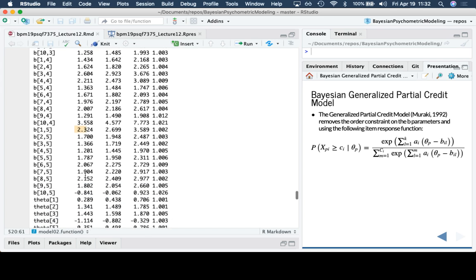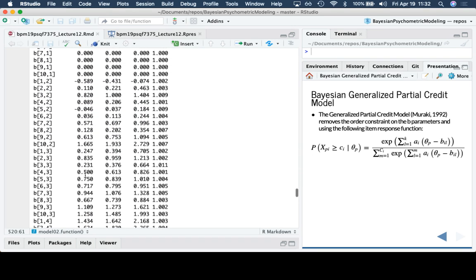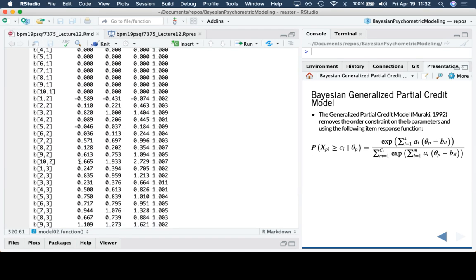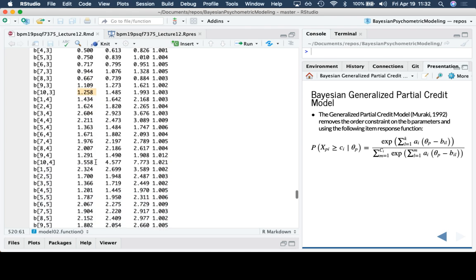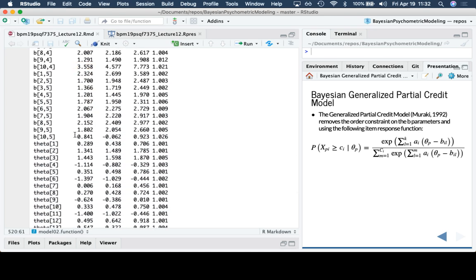They go in order. I think I saw a reversal in item 10 here, though. Item 10's B2 is 1.665, and then 1.258, then 3.558, and then negative 8.41.